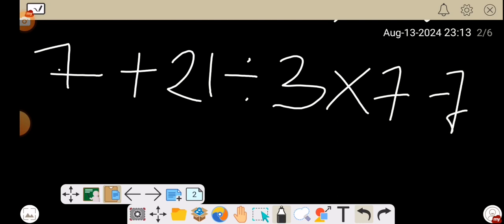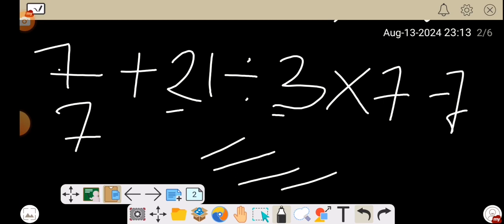Our first part is 21 divided by 3. How many times can 3 go into 21? Let's count using our fingers: 3, 6, 9, 12, 15, 18, and 21.